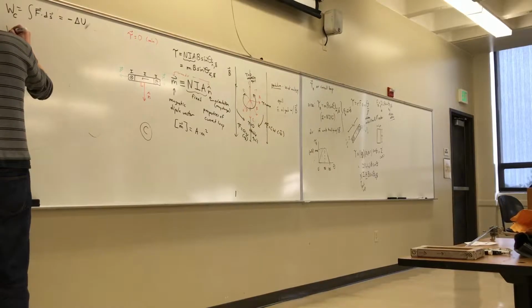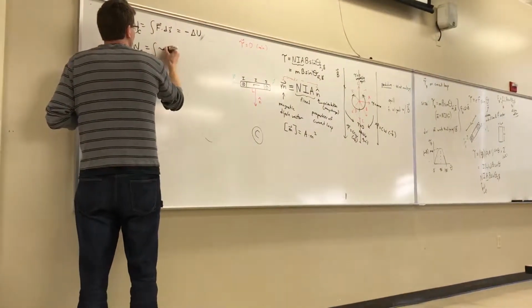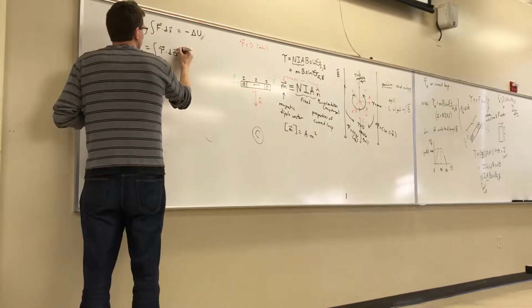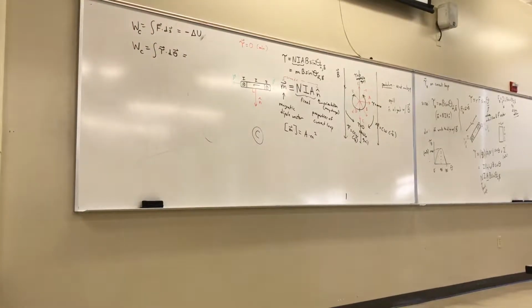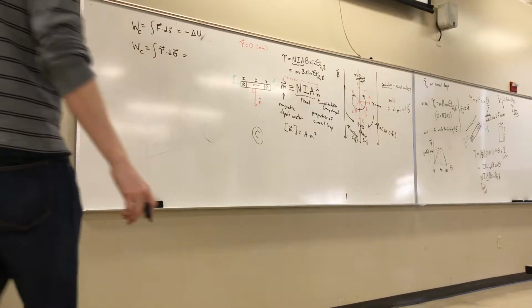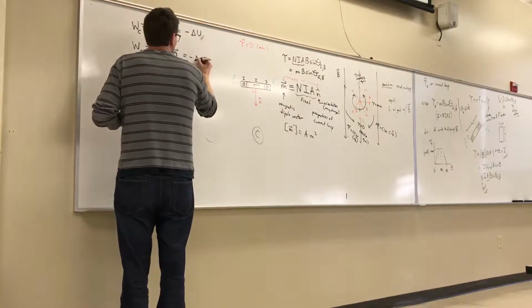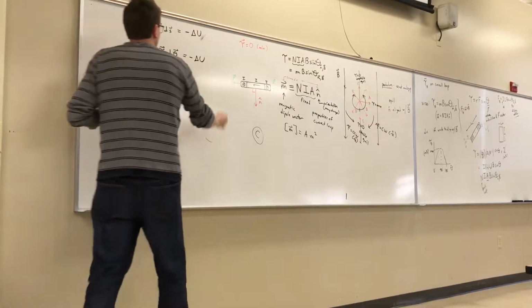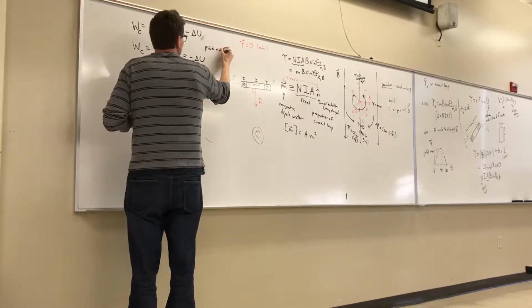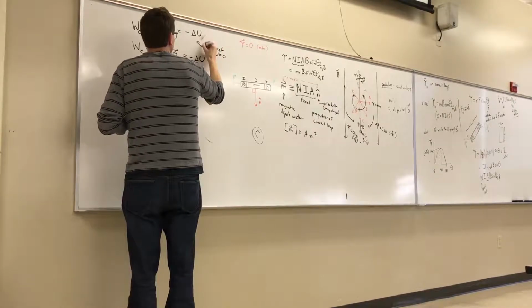Now you can do the same thing with torque. You just do the angular version of that. So force goes to torque, ds goes to d theta, and of course you can store potential energy. We always have to pick a reference where U equals 0, that's true regardless.